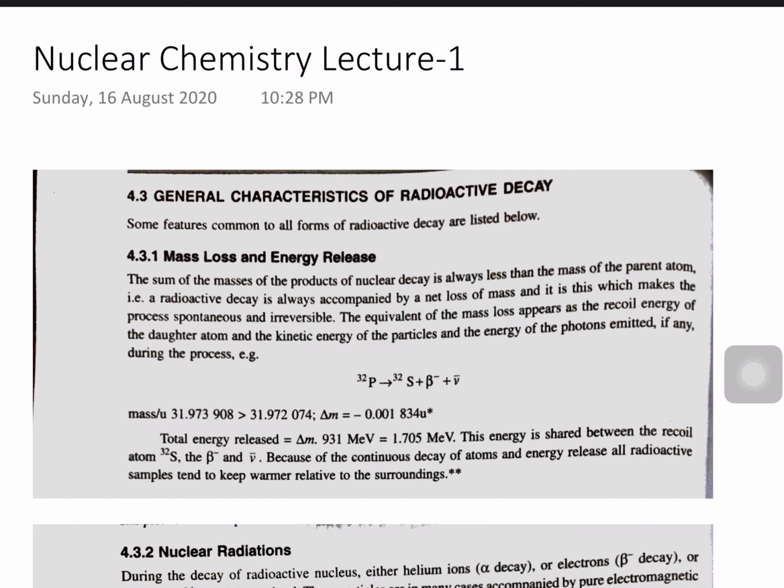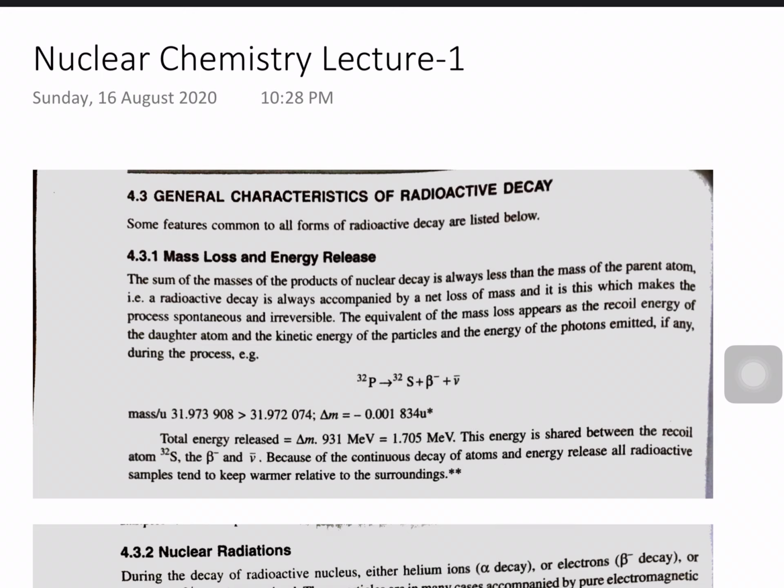For example, phosphorus-32 gives sulfur-32 plus beta particle plus neutrino. यहाँ पर मास पर यूनिट जो है 31.973908 is greater than 31.972074. Delta M equal to minus 0.001834 units.